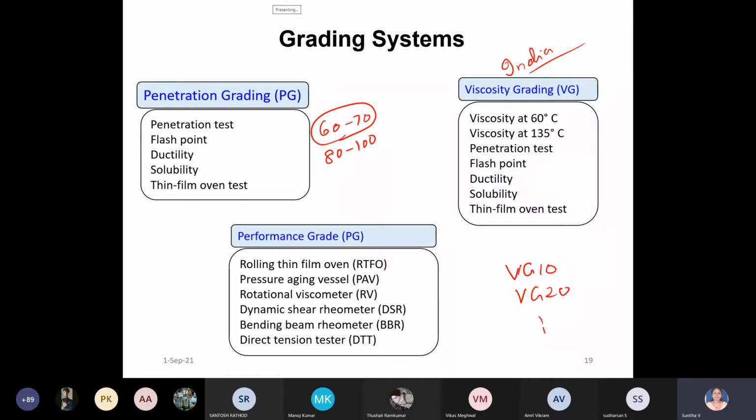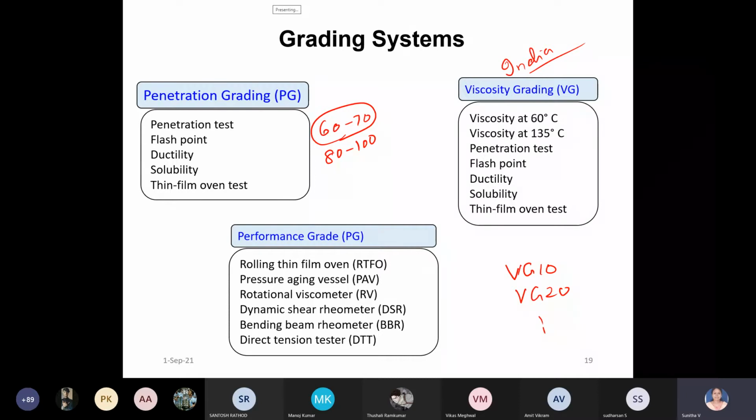This rotational viscometer is used to find the viscosity if the temperature is in the normal range, or even if it is high, you can test the bitumen using a rotational viscometer.